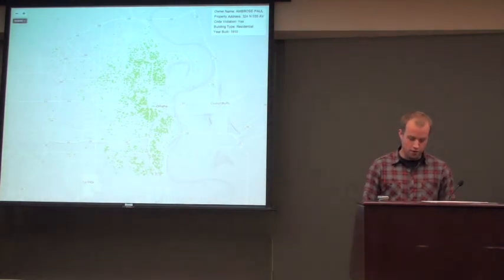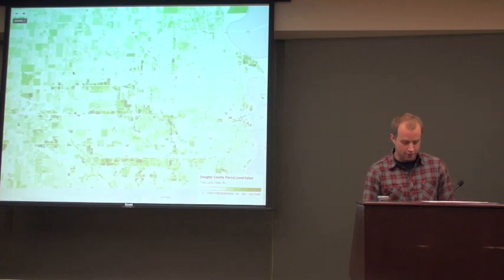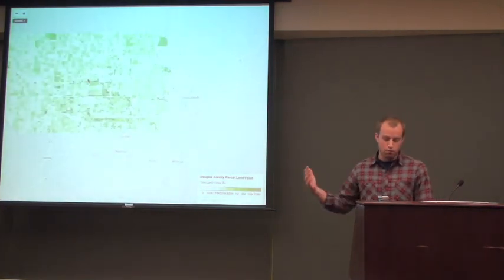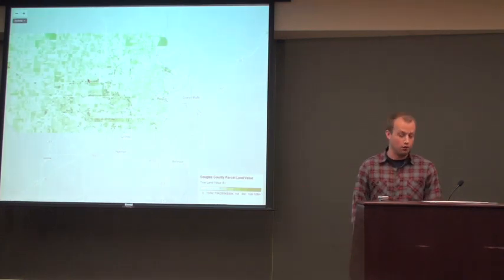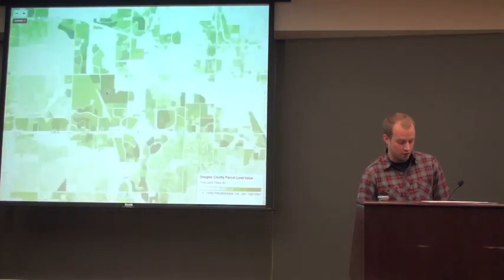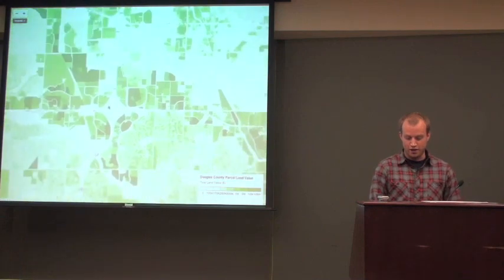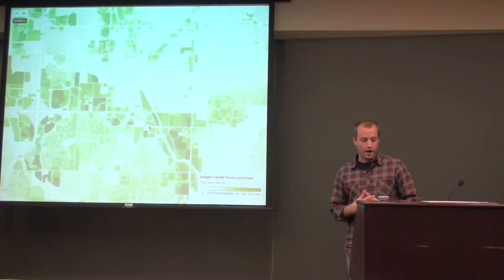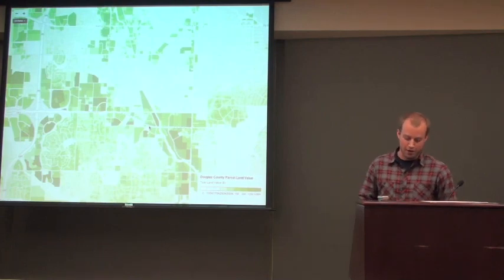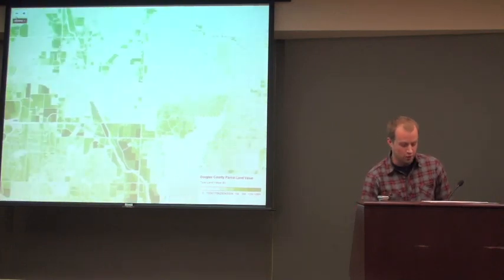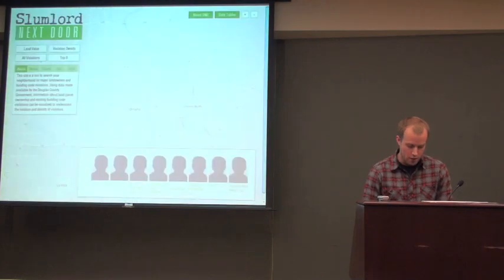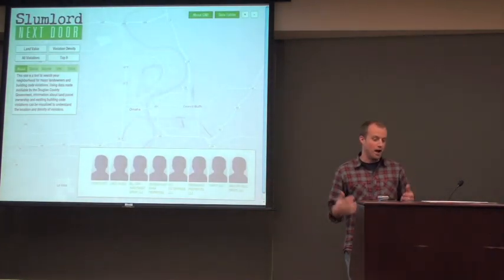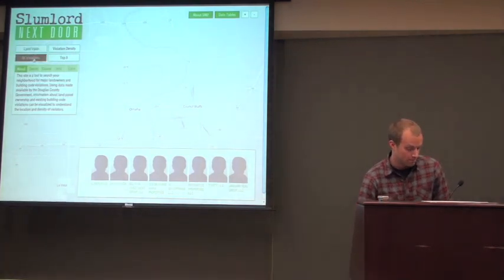But on top of that, we wanted to look at land value. So we plotted the total value of each land parcel. We can zoom in and see exact locations of high land value versus low land value. All this was to be integrated into the map. We also have a tabular view.